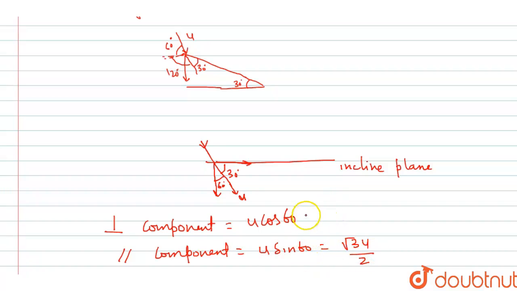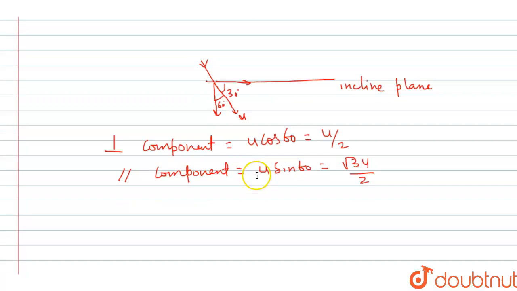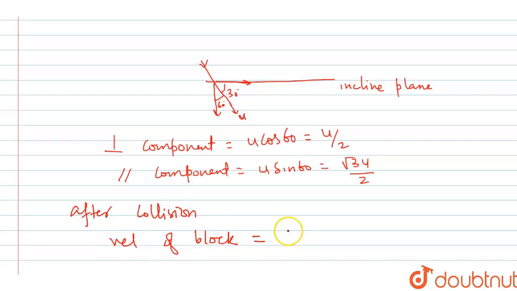Since the collision is perfectly inelastic, the perpendicular component will vanish, and only the parallel component will be there. So after collision, velocity of block is equal to u sin 60, or root 3 u upon 2.